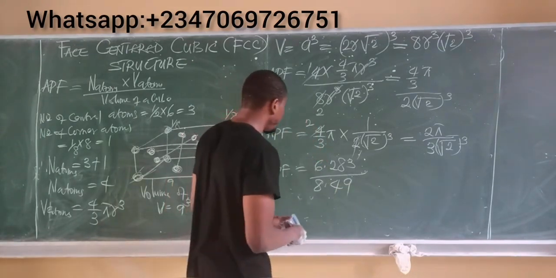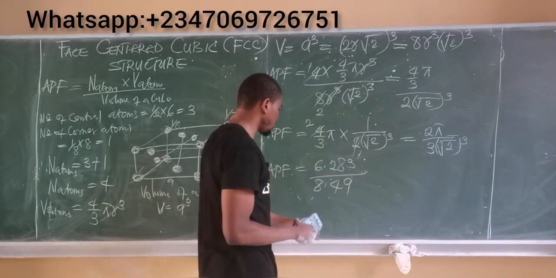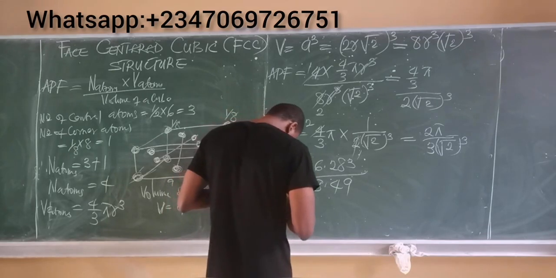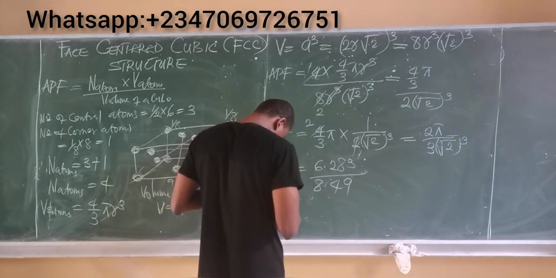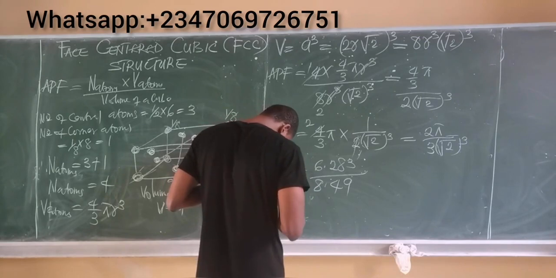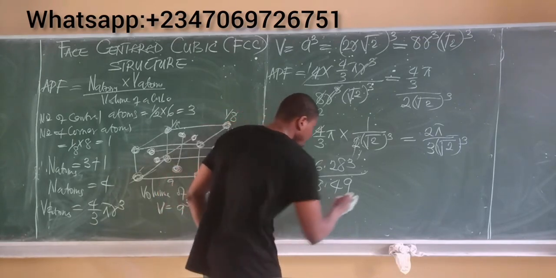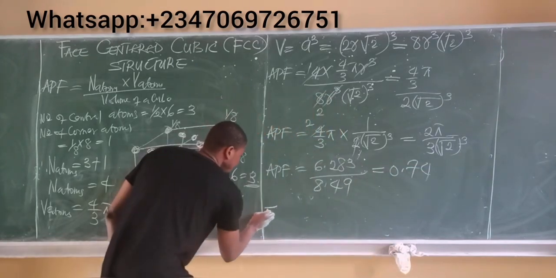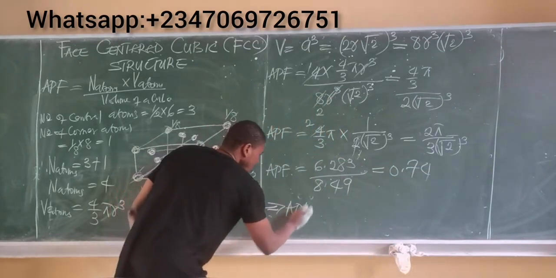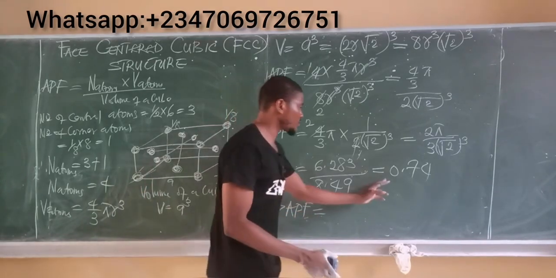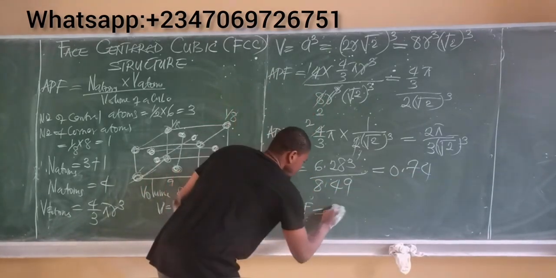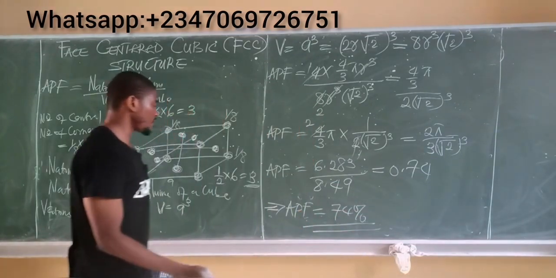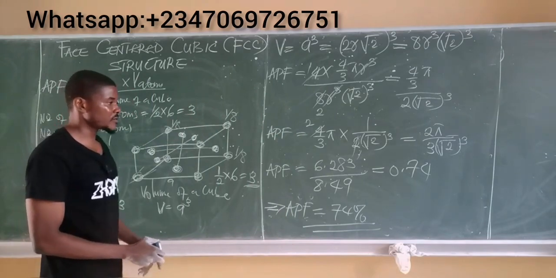All right, so at this point I will divide 6.283 by 8.49, and I obtain here to be 0.74. So this simply implies that for atomic packing factor by percentage, I will simply multiply this by 100, and I will obtain it to be 74%. So the atomic packing factor for a face-centered cubic is given as 74%.